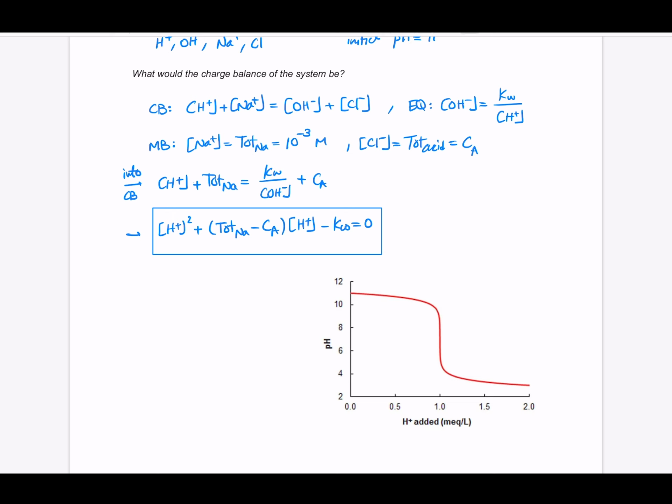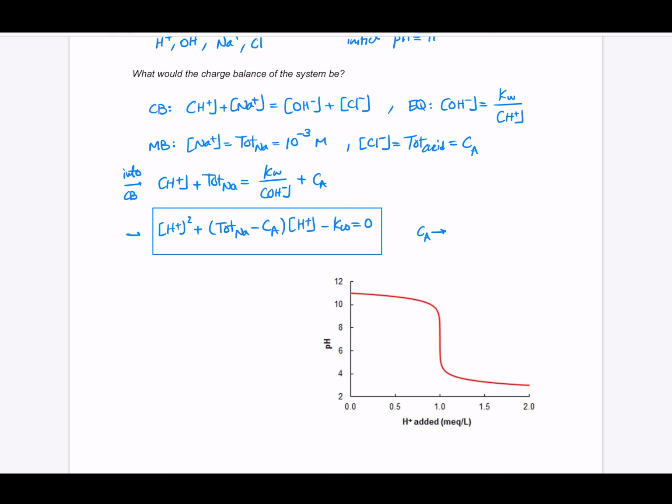Here we have, this is a constant, this is a constant, but this is a factor that we're controlling. So basically what we do is we add some concentration of acid. So we add Ca. Then we have a quadratic equation, right? Then everything is clear.